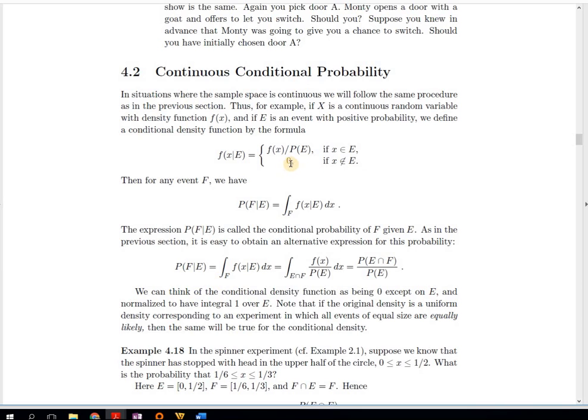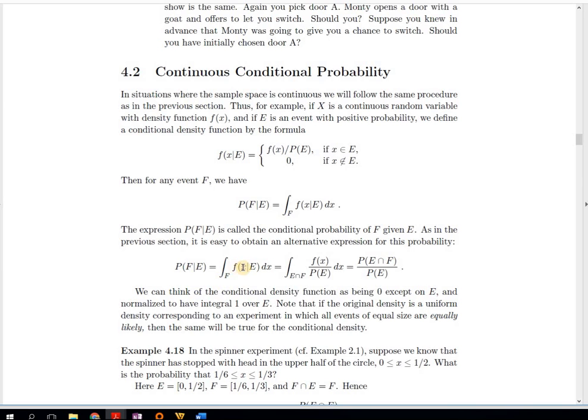All right, so as I said before, when you use probability densities, you use an integral instead of a sum, and you include this dx to include the fact that each sample point has probability 0, and you think of small sample intervals as having probability f times dx. Now, naturally, we can talk about the conditional probability of an event f given e. In that case, we integrate over f.